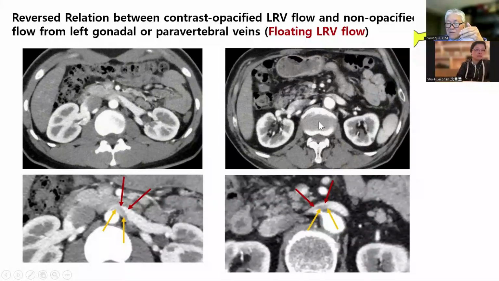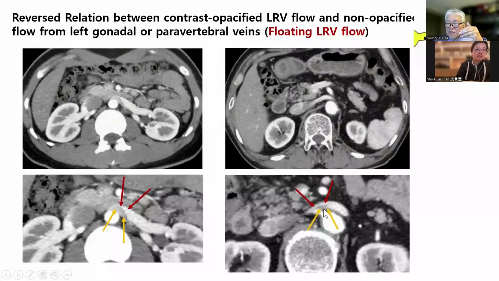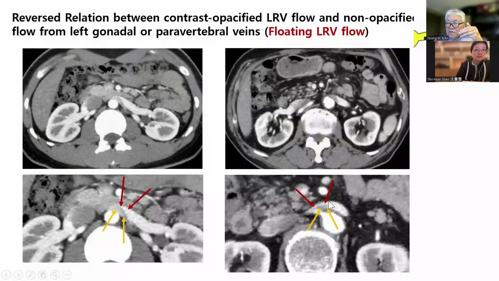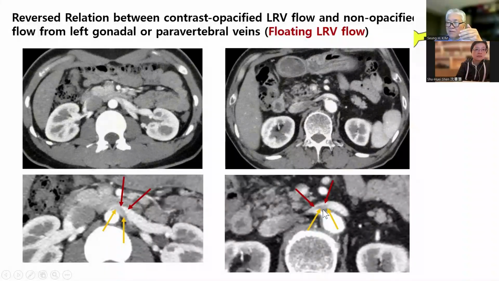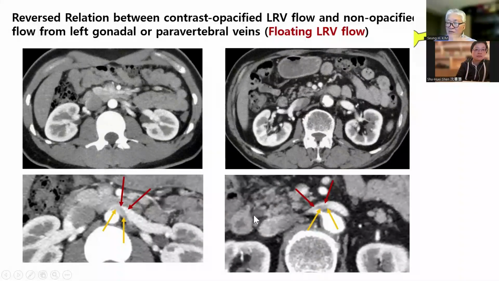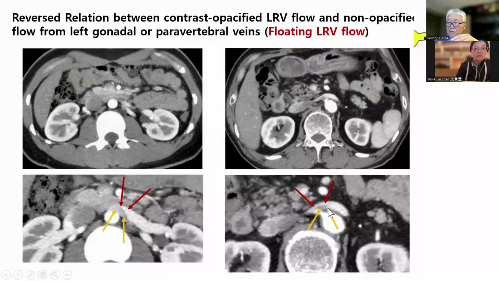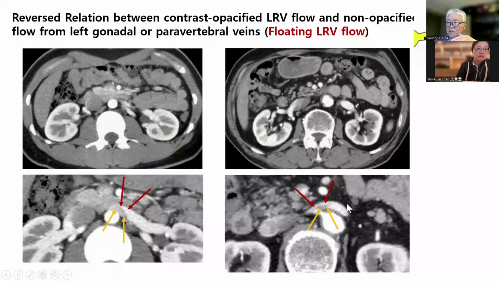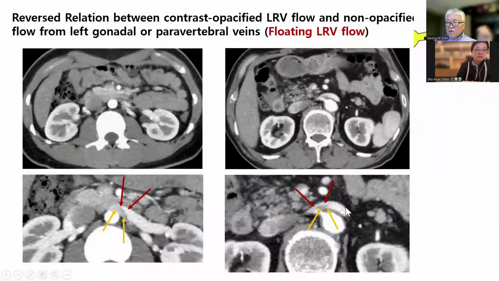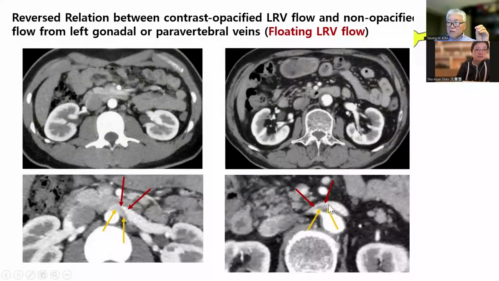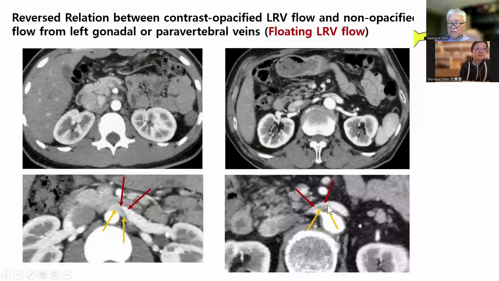And on the right, the second case on the right side, there is a similar reversal of relation between contrast opacified heavier blood and contrast non-opacified non-heavier blood. So if you see that reversed relation, it means that the flow speed is quite fast. That can make the flow go against the natural heavier and non-heavier blood flow pattern.